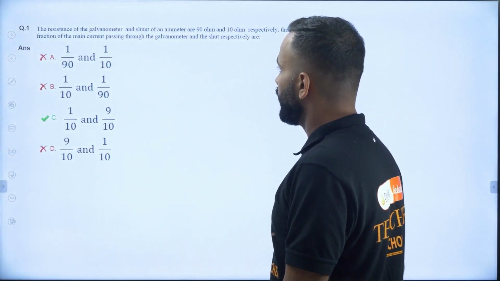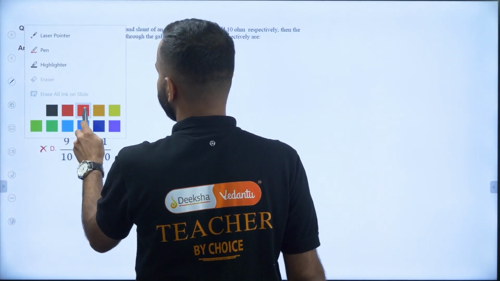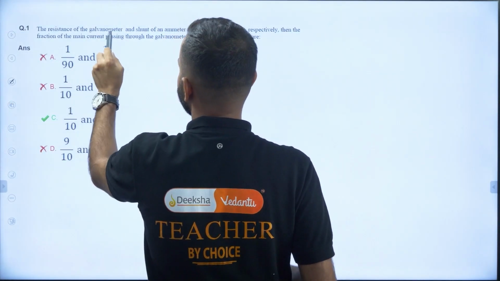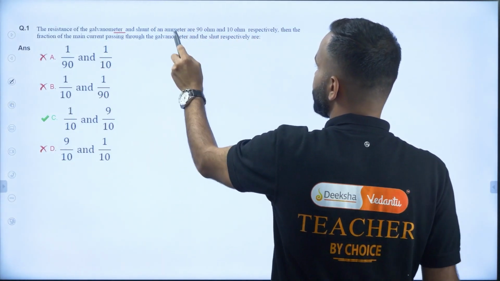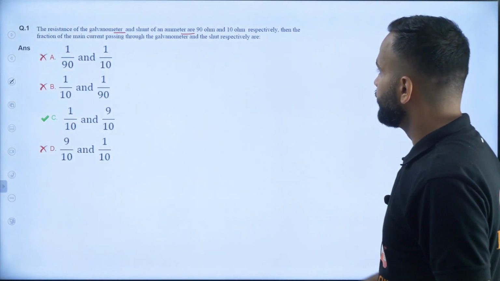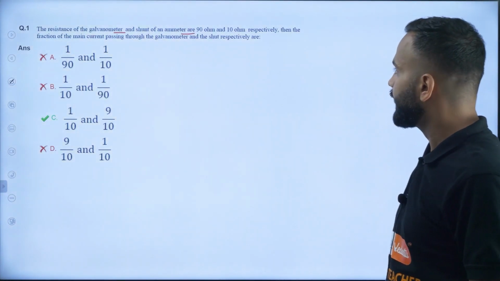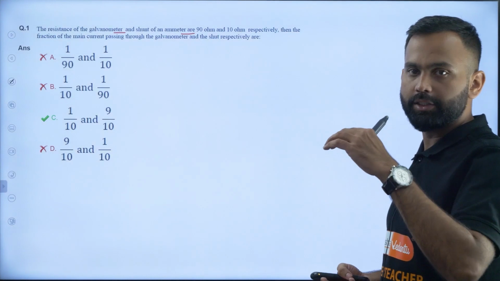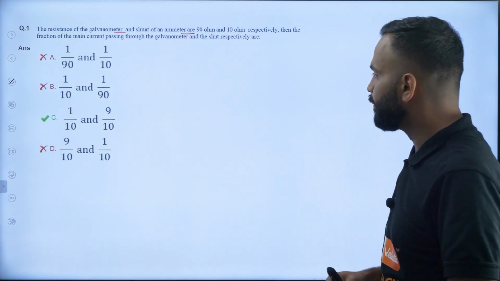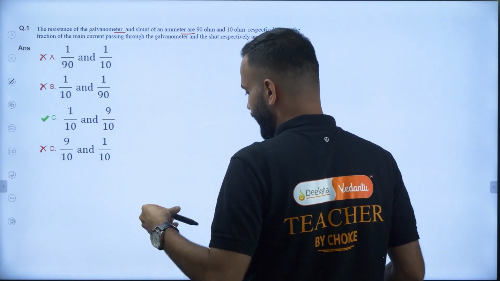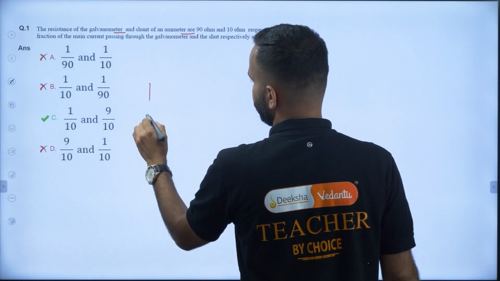Question number 1. The resistance of the galvanometer and shunt of an ammeter are 90 ohm and 10 ohm respectively. That is, resistance and galvanometer both are in parallel, right? Both are connected in parallel like this.